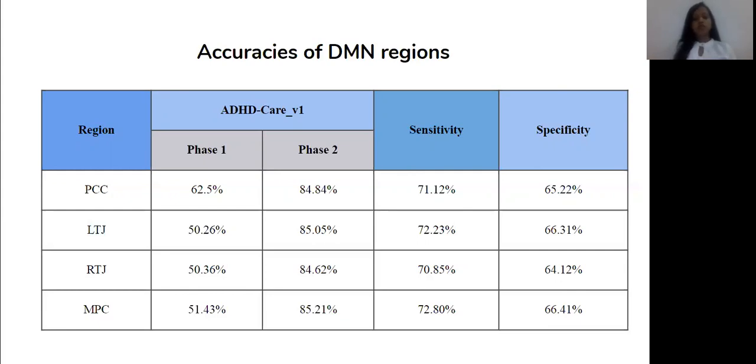In phase two, we have applied data augmentation. There we have obtained better accuracy value than phase one. We have also obtained sensitivity and specificity value. Comparing those values, we have obtained the highest accuracy for MPC region, which is about 85% accuracy.